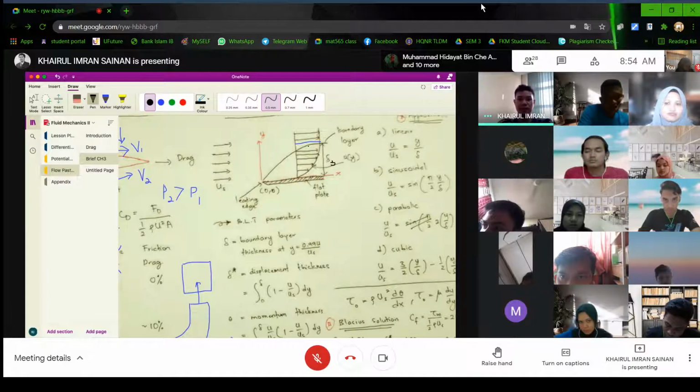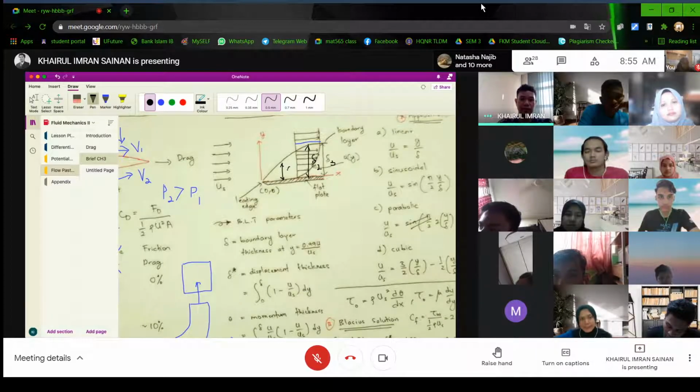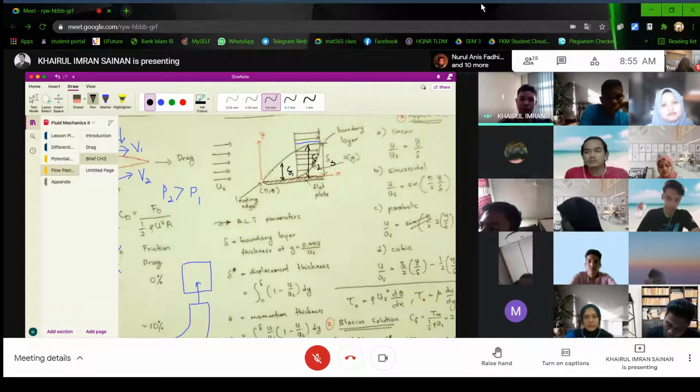This delta 3, and this is delta 2 at this position. And here is perhaps delta 1. By connecting all these deltas, we're going to have the boundary layer.